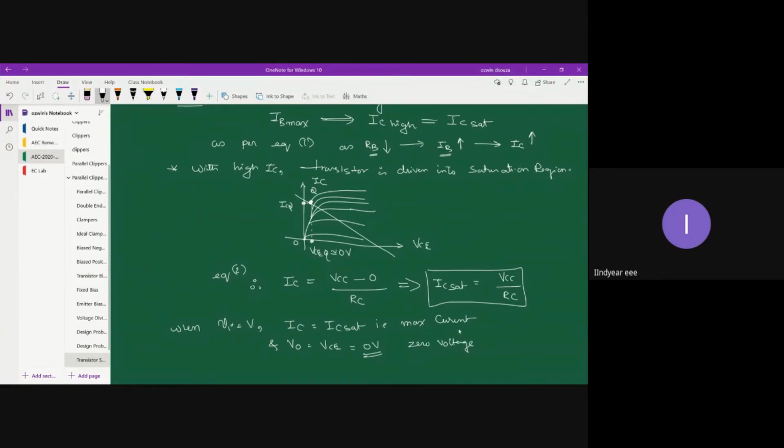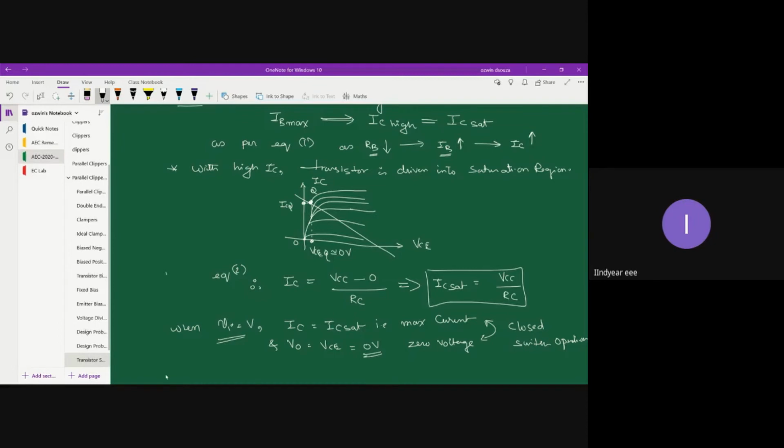So maximum current but 0 voltage refers to closed switch operation or short circuit operation. So when there is an input present at the base terminal, it will give you the on operation of the transistor, or the closed switch operation of the transistor.